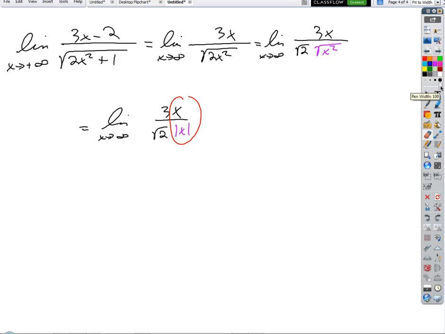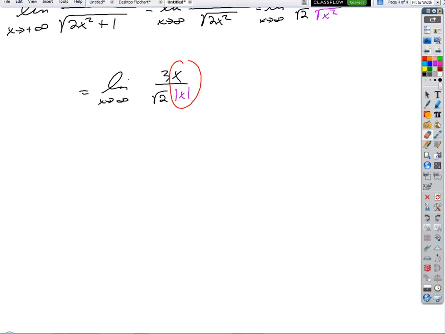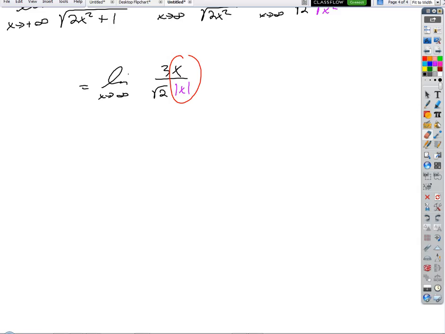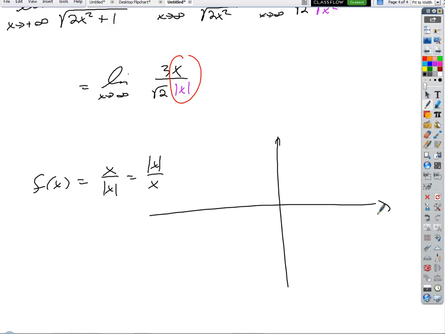What if I graph that function? As x approaches infinity, let's just graph the function x over the absolute value of x, or the reciprocal. Makes no difference, same thing, right? Doesn't it just do this?